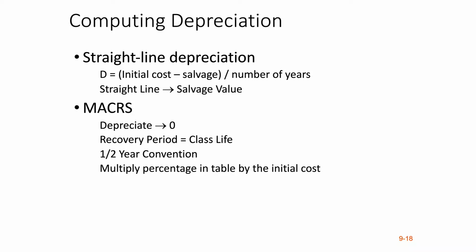However, when you prepare your tax liability, you are using a modified accelerated cost recovery system, which is kind of tax tables. The depreciation usually goes to zero. And the recovery period is a whole class of life. For a machine, for example, sometimes a 5-year class. For a building, it can be a 15-year class or 20-year class.